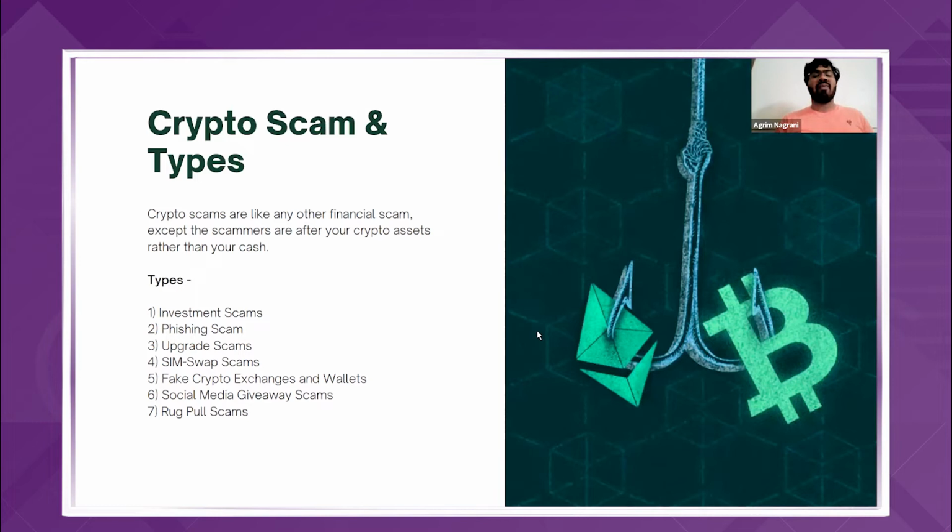There are some scams which involve SIM swapping. This is a new kind of crypto scam where the hacker copies your SIM, so that hacker also has access to it, and then generates all the two-factor authentication codes or OTPs of your number linked with your crypto exchange or your wallet account.